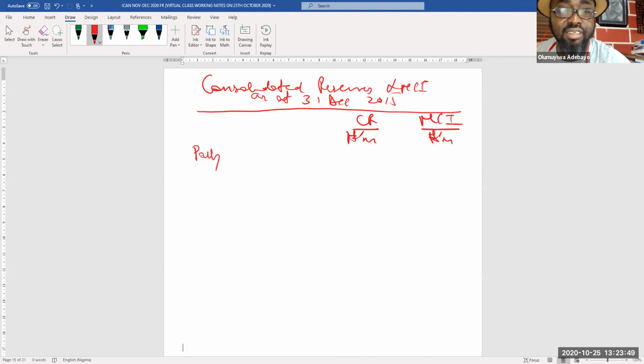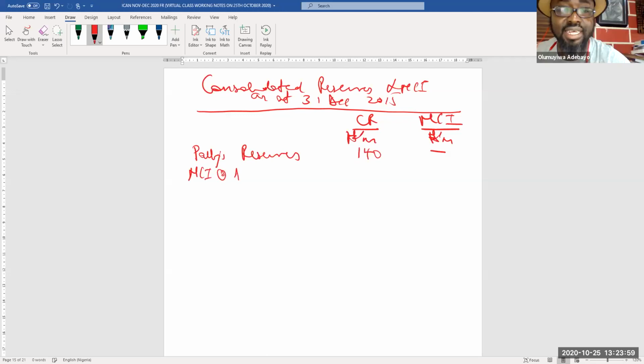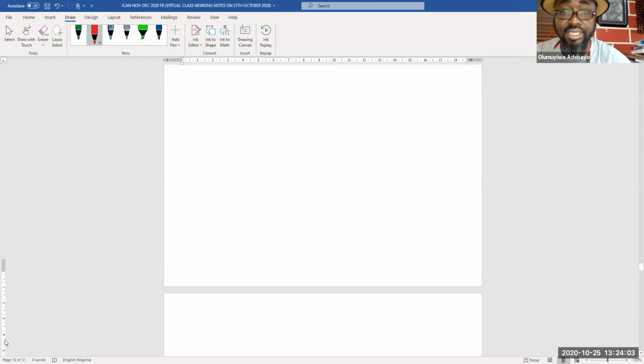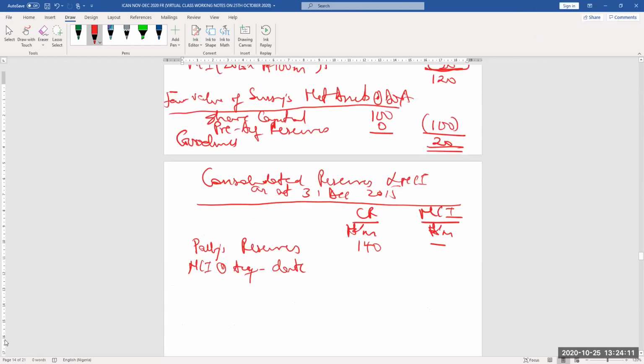What is Pali's reserve as at today? I think 140 has nothing to do with NCI. What is the value of NCI as at acquisition date? NCI as at acquisition date is 20. Can you remember? 20, yes. Okay.